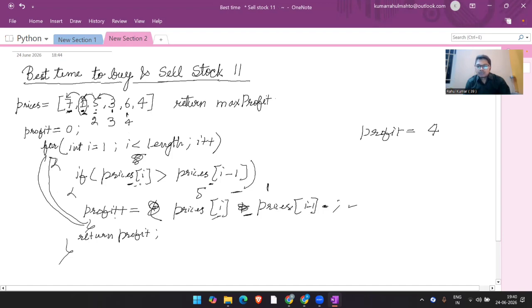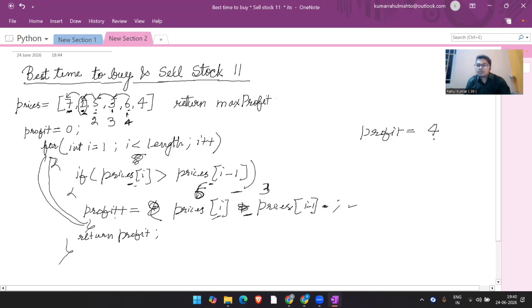Now again I will come here at this position. Again I will check if at this particular position the price of the stock is greater than the previous one. Yes, obviously it is greater than the previous one. So I'll simply do 6 minus 3, that is 3. So profit will be added to the previous profit.